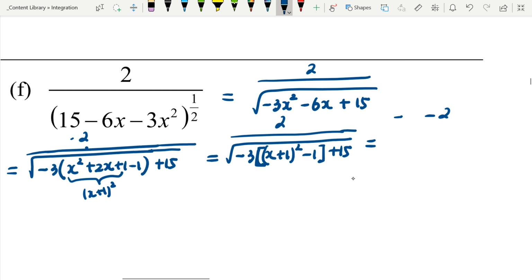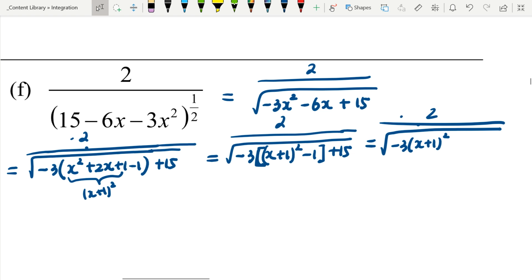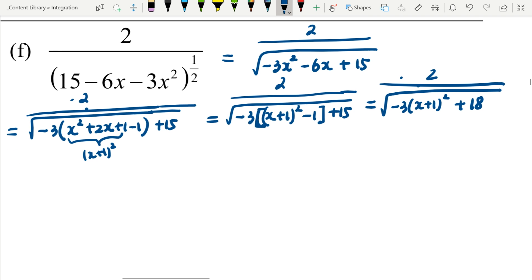So it's 2 over the square root. Okay, expand the bracket. Plus 3 plus 15, so it's a plus 18. The constant is 18.